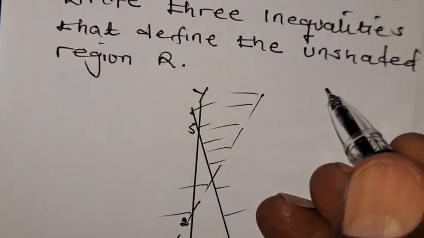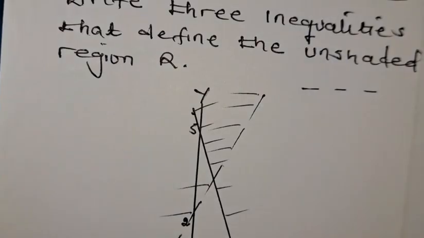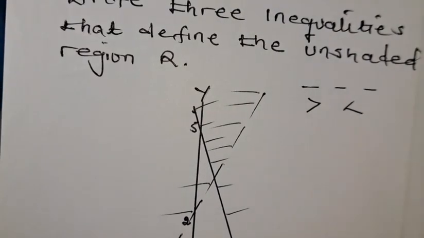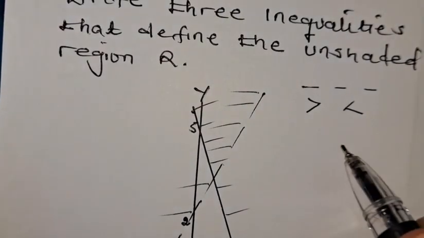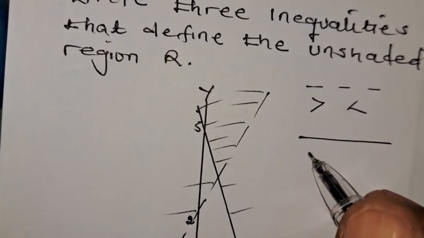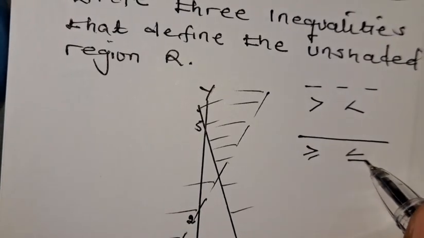Whenever you see a line which is broken or dotted, just know that the inequality sign to use there will either be greater or less. And if it is a solid line, not broken, not dotted, this is where you can use greater or equal to, or less or equal to.